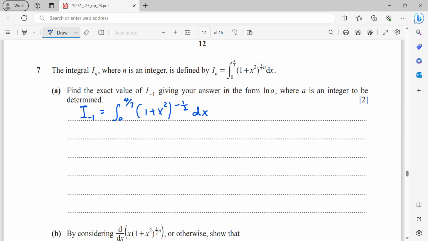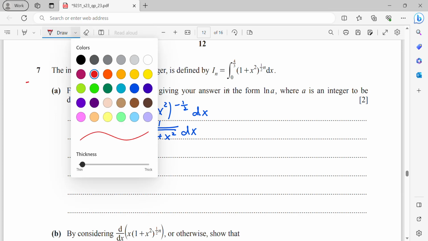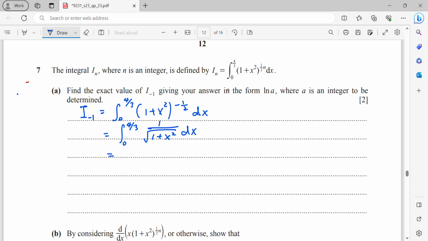The power negative half is the same as 1 over square root of 1 plus x squared dx. Okay, so from the formula list, integrating this is basically inverse sinh x, then limits from 0 to 4 over 3.